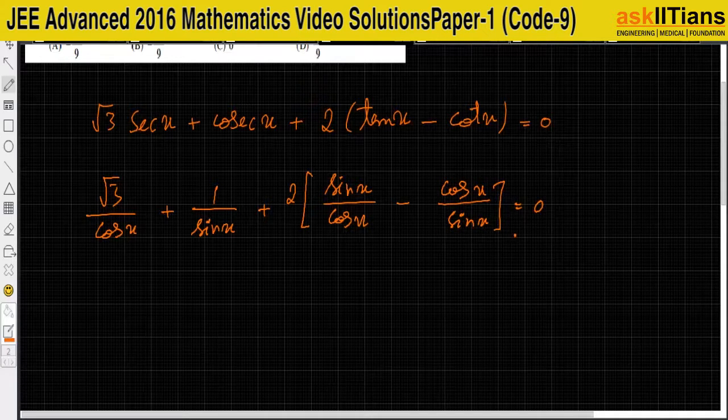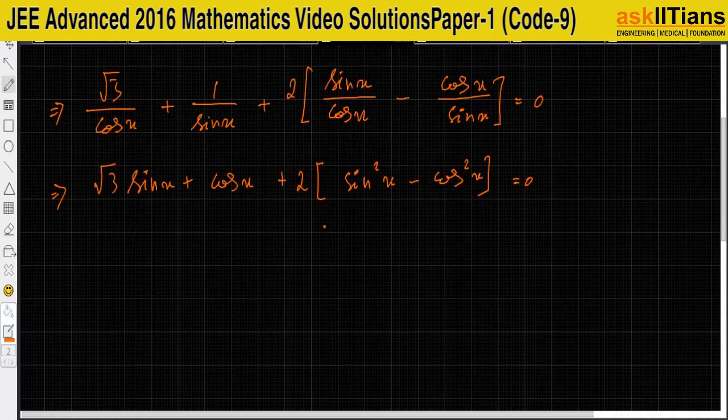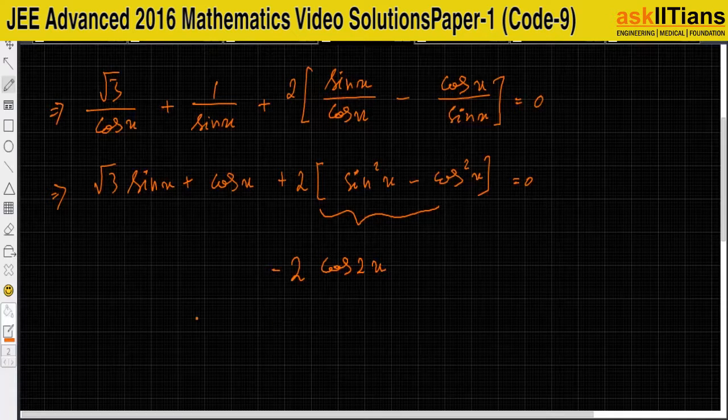If I take the LCM, which is sin x cos x, I'll get root 3 sin x plus cos x plus 2 times sin square x minus cos square x. This quantity, sin square x minus cos square x, is nothing but minus cos 2x, and the other quantity is root 3 sin x plus cos x.